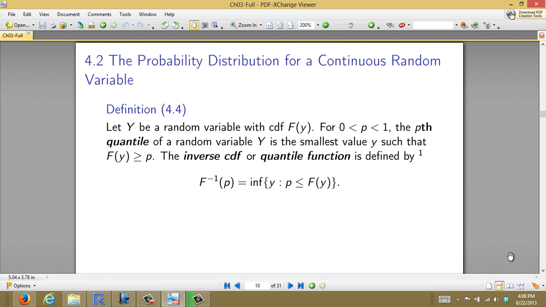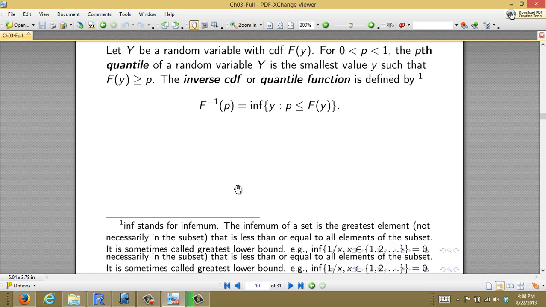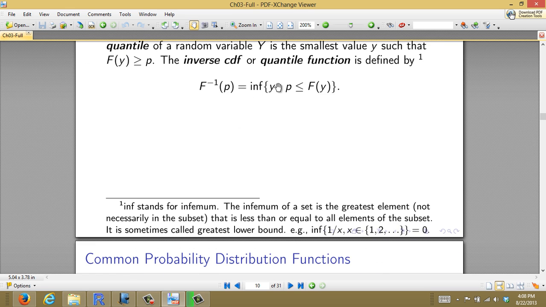Related to that is the inverse CDF or quantile function, which is denoted by F inverse of p, and it's the infimum of y's such that p is less than or equal to F of y. So in other words, the inverse or quantile function finds the smallest value of y such that the CDF evaluated at y is greater than or equal to p.